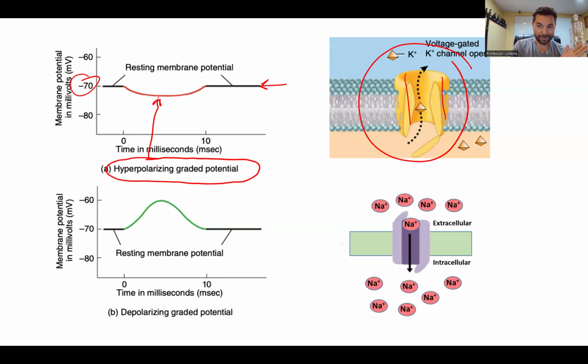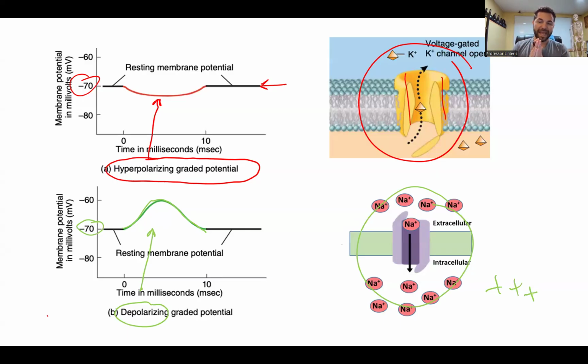Depolarization, which is a term I've already used in this lecture and will continue to use literally for a very long time. Depolarization is when a cell gets more positive. So you're at -70, and now some positives are coming in, making the inside of the cell more positive, and that is caused by the influx of sodium.